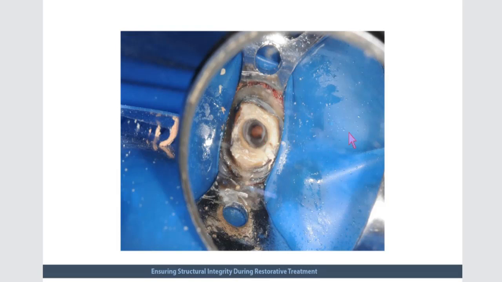It's important to always keep at least 5 millimeters of the root canal filling. So the rule says it doesn't matter how long or how much you are going to cement the glass fiber post, or any type of post inside the root canal, but always leave at least 5 millimeters of the root canal treatment.